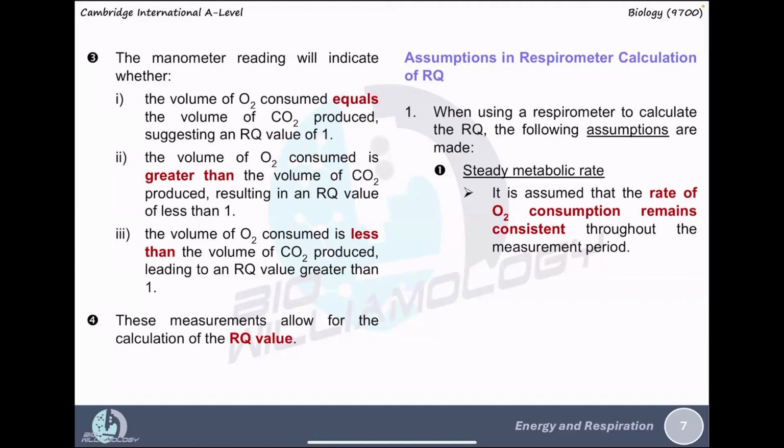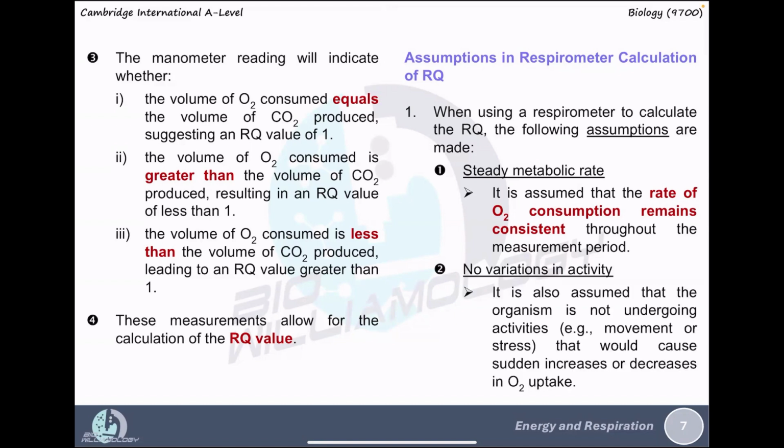So by using the same organism, it is more likely the organism has the same rate of O2 consumption, or consistent O2 consumption. Number two, there's no variation in the activity. So it also assumes that the organism is not undergoing activity, for example movement or stress, that would cause a sudden increase or decrease in O2 uptake.